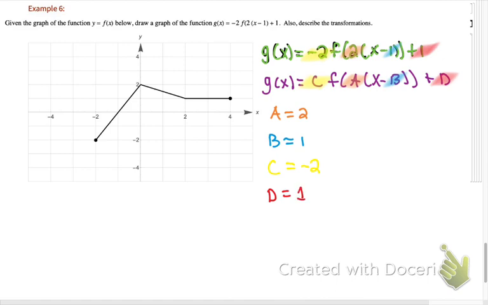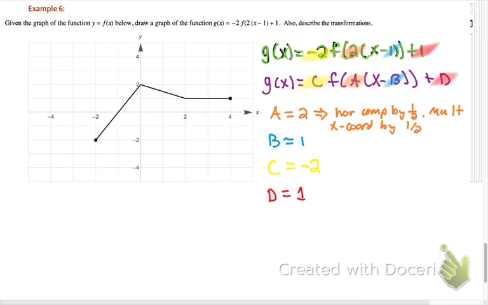Now, in terms of transformations, capital A being 2, that's actually a compression by a factor of 1/2. So I'm going to say horizontal compression by 1/2. So what we're going to do is multiply x coordinates by 1/2.